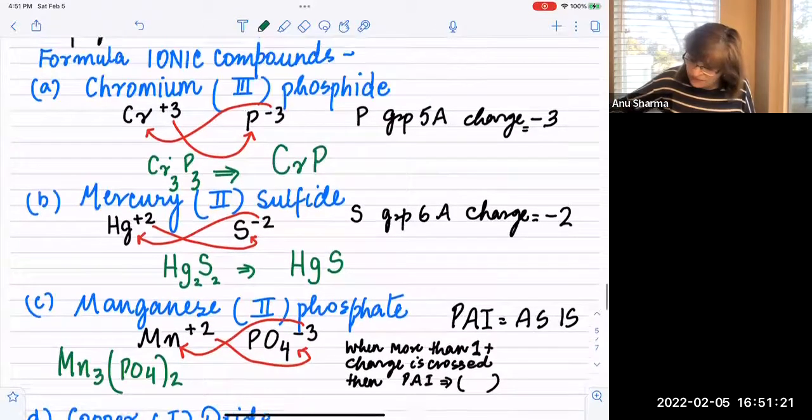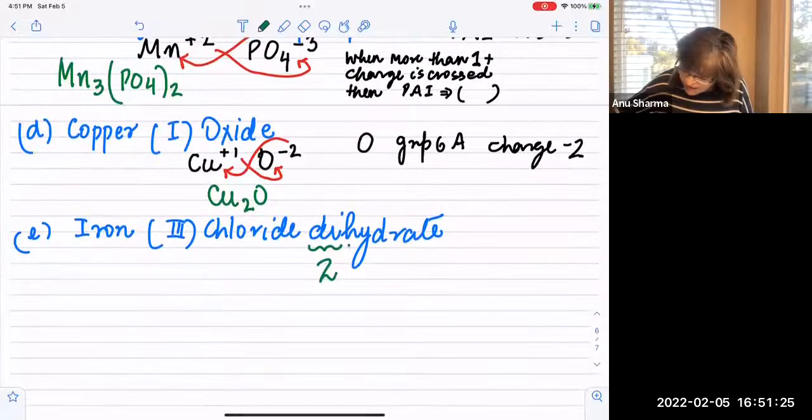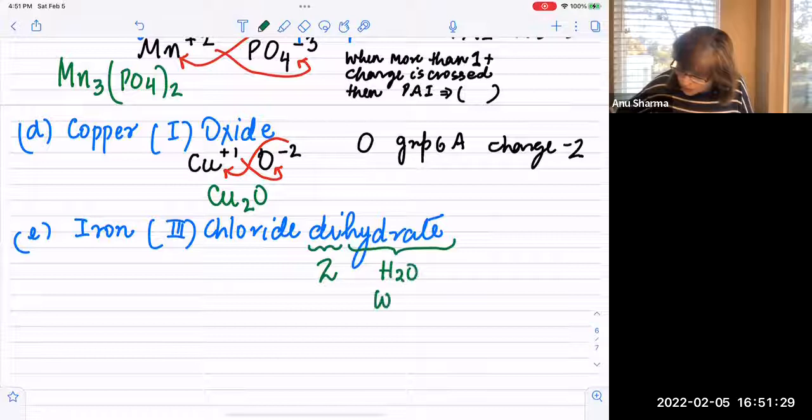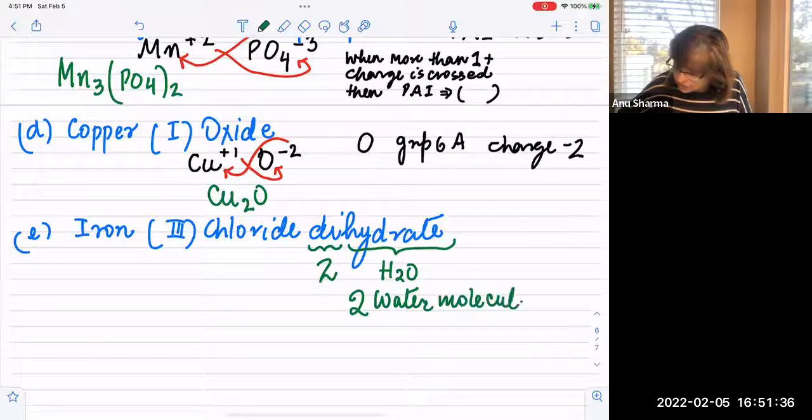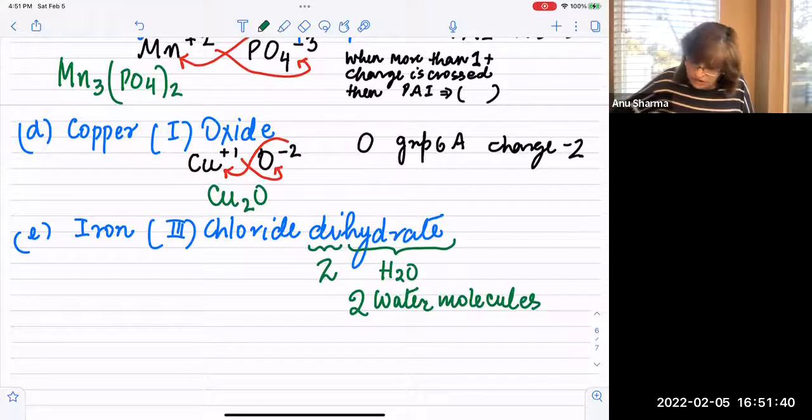Next is iron(III) chloride dihydrate. Here di means two. Hydrate means water molecules, H2O. There are two water molecules attached to the iron(III) chloride crystals.